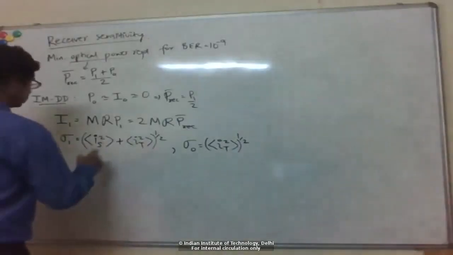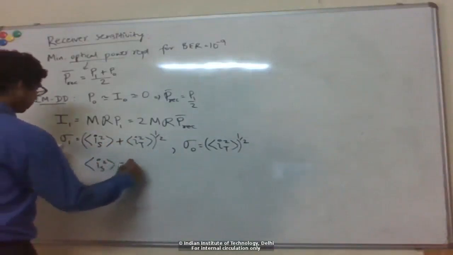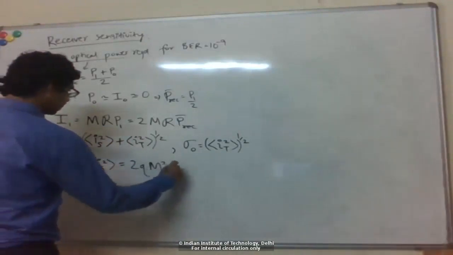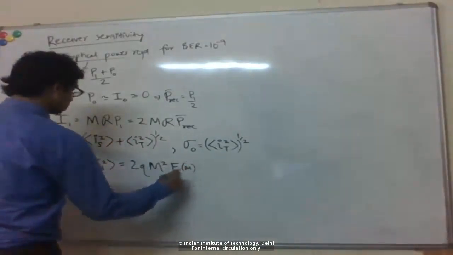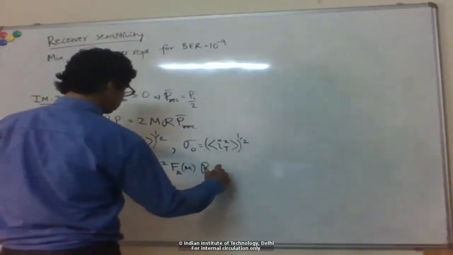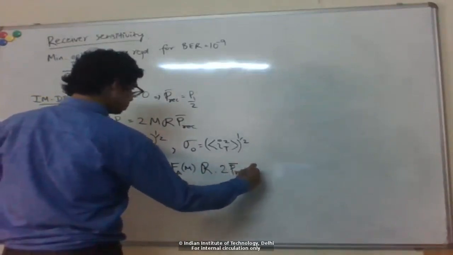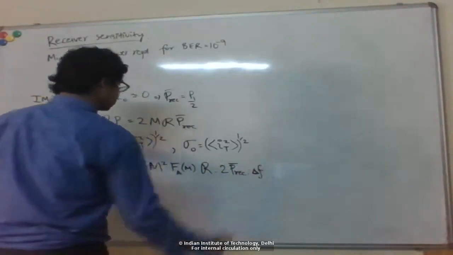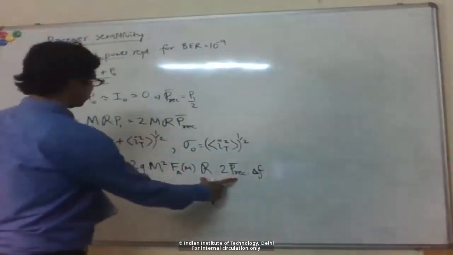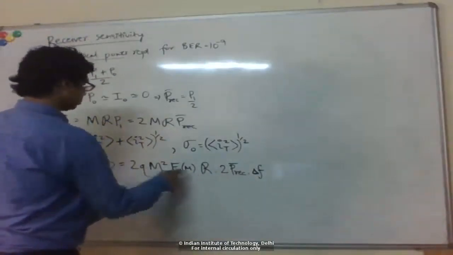Okay, and so we had already derived expressions for the shot and thermal noise. So for the shot noise, including this multiplication factor here, so this is the photocurrent, right.